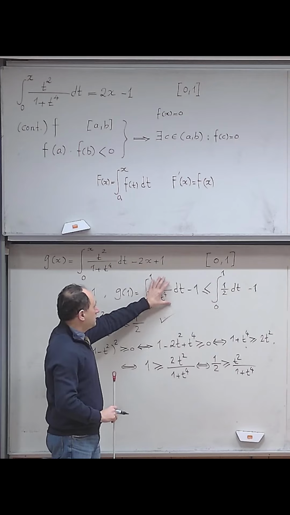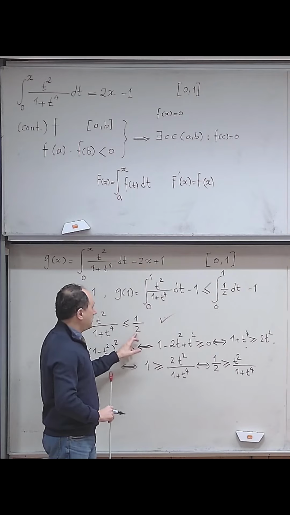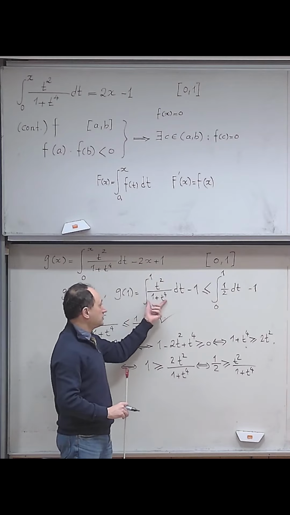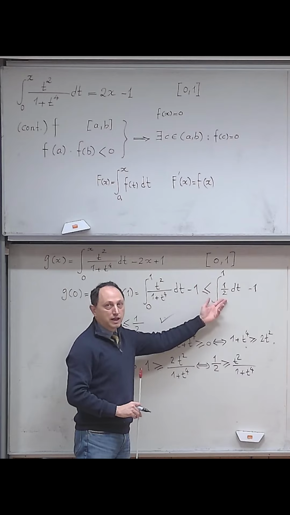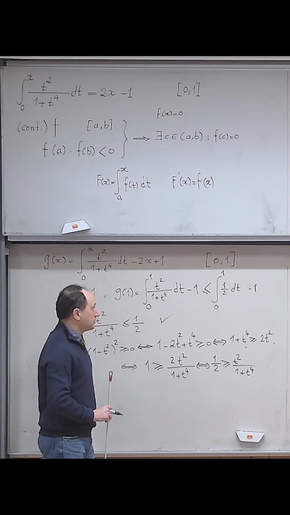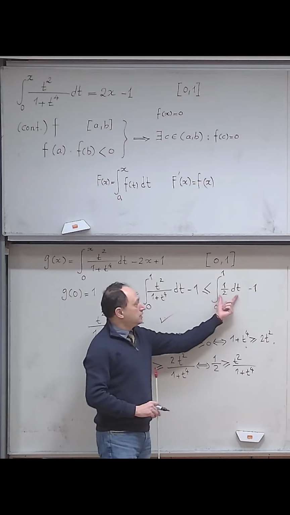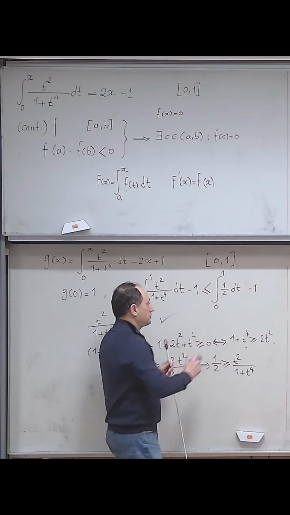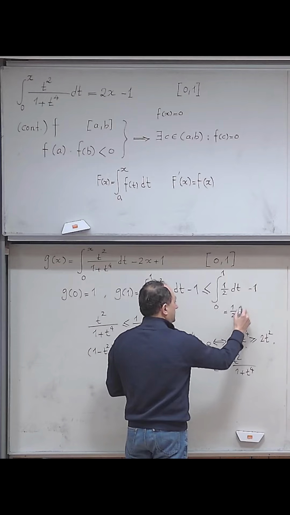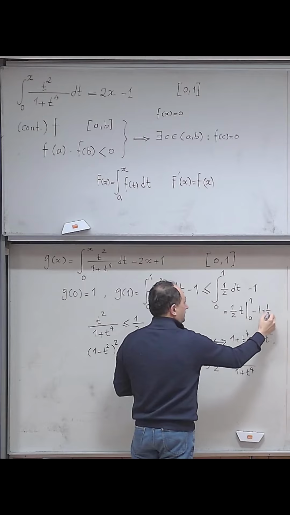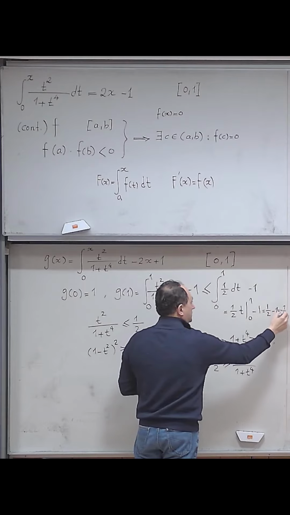We showed that this combination is always less than 1/2, and we have a theorem that if within that interval my integrand is less than another integrand, the integral of the first one is also less than or equal to the second one. But this is extremely easy to calculate because 1/2 is a constant, so this becomes 1/2 t going from 0 to 1, minus 1. So this becomes 1/2 minus 1, which is minus 1/2.